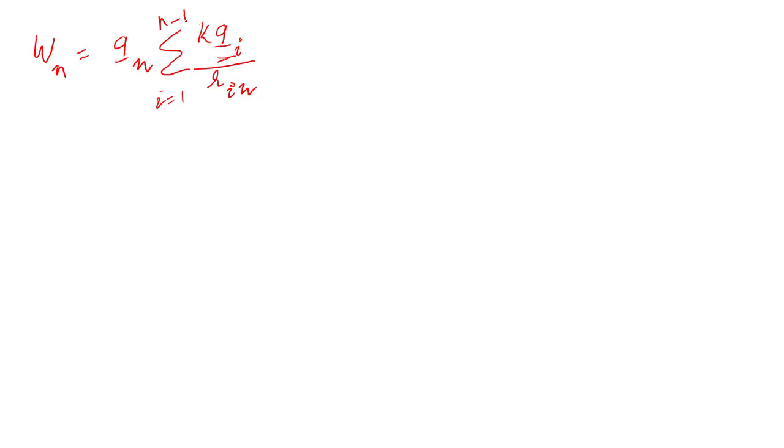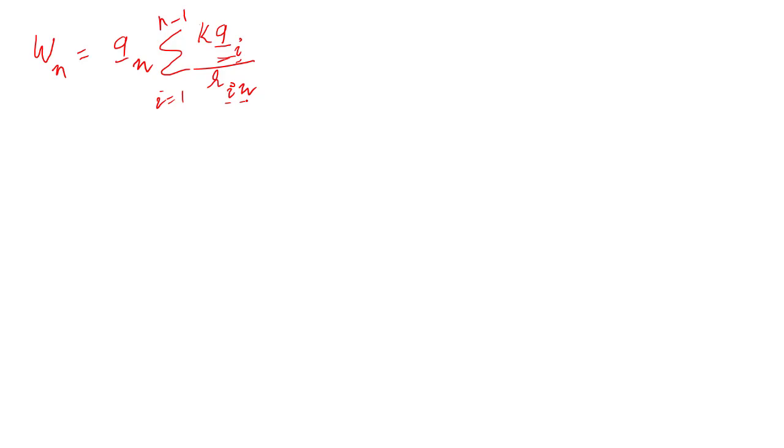So for the first charge you would have K Q1 by R1n. For the second charge you would have similarly K Q2 by R2n, so on and so forth. So that would be the nth term.